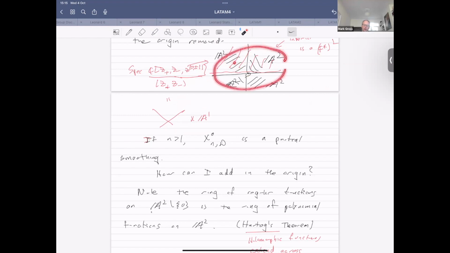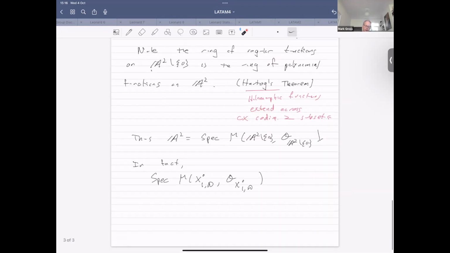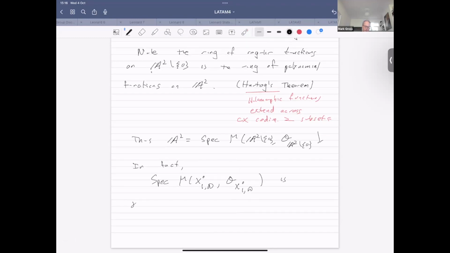And if you have a regular function on the whole thing, that's a regular function on each piece that glue on these axes. Each of them extends across the origin because they agreed on these strata, so they'll agree at the origin too. In fact, this is just a union of 4 A2s. So in other words, this puts the origin back in.